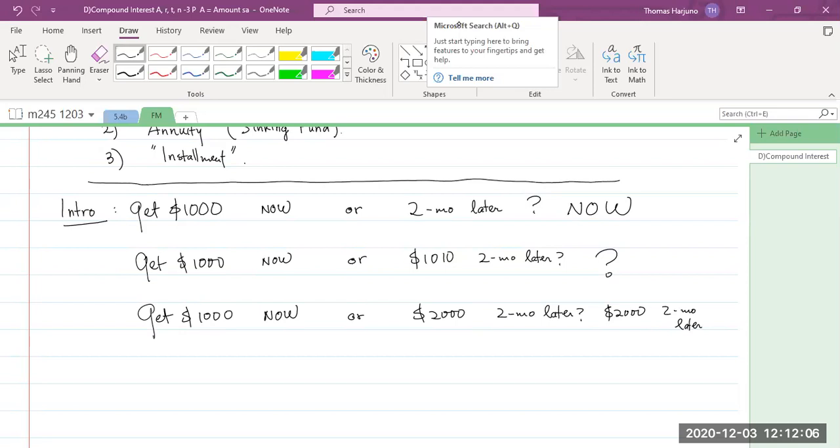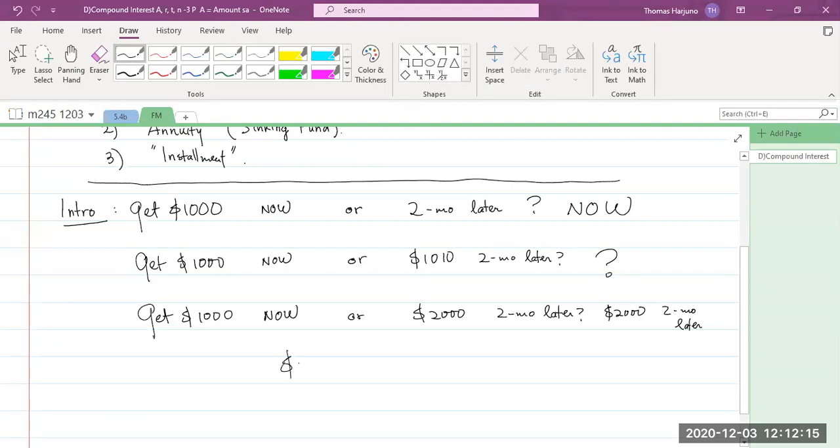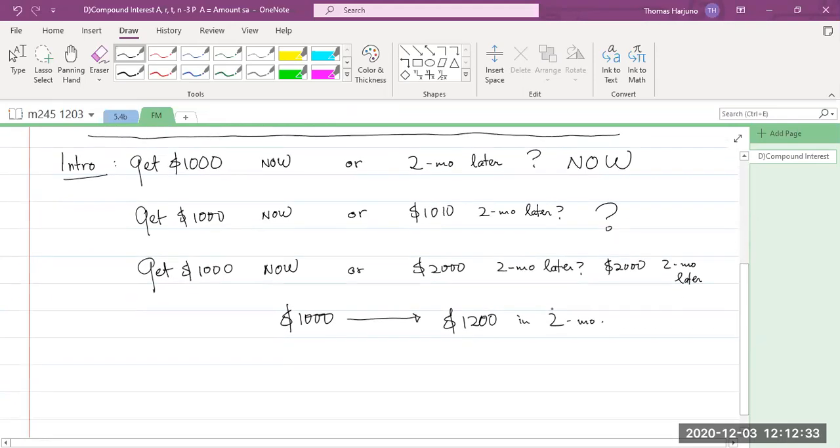It's about how much you can grow that $1,000. So for you and me, if you give me $1,000 right now, I think I can grow that to maybe $1,200 in 2 months, if I invest it myself or use it as capital for some kind of small business.